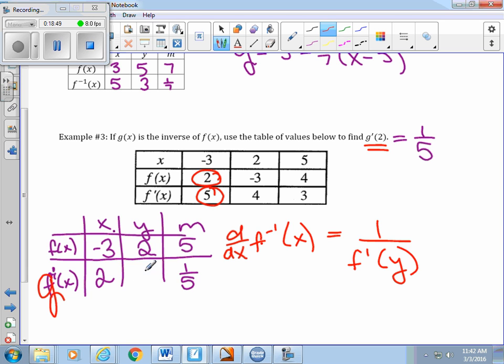Right, it's this -3. I would need to know the y value for g, which is the inverse. So I would need to know that this is -3. And so I would do 1 over f prime at -3, which is 1 over 8. So that's how the formula works.